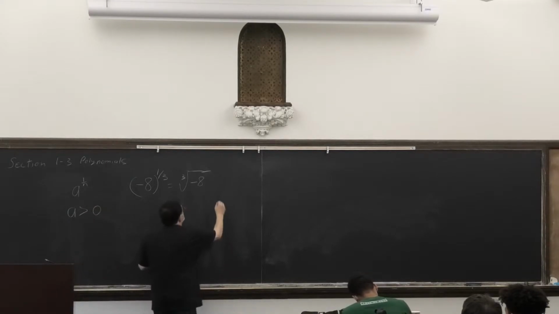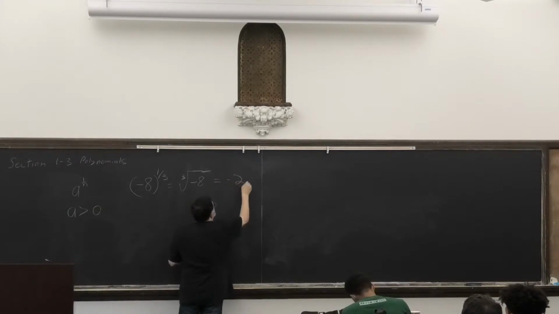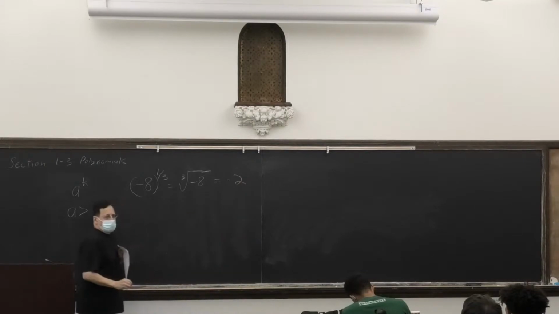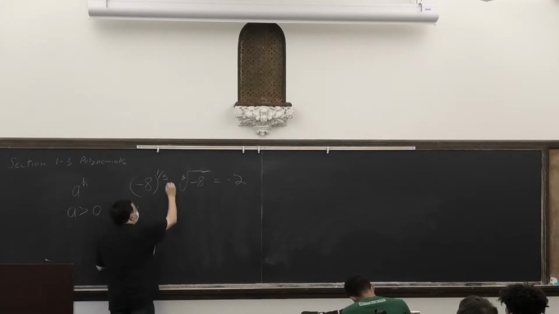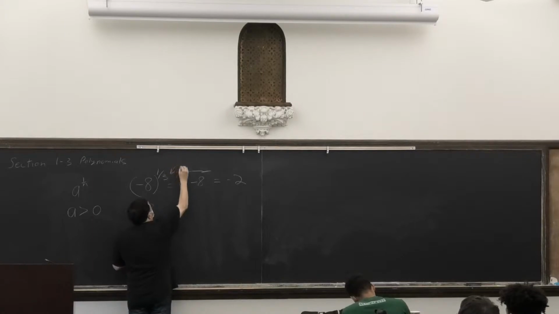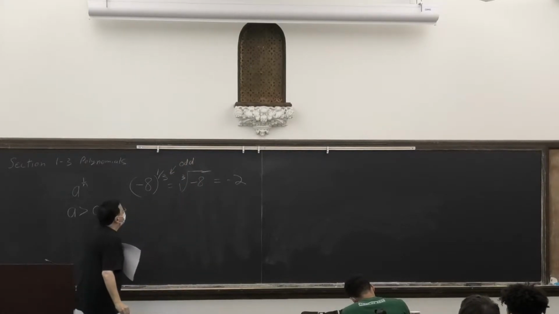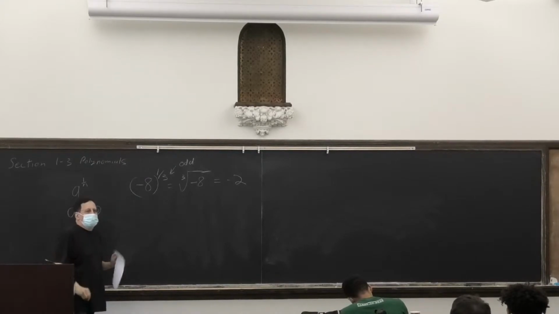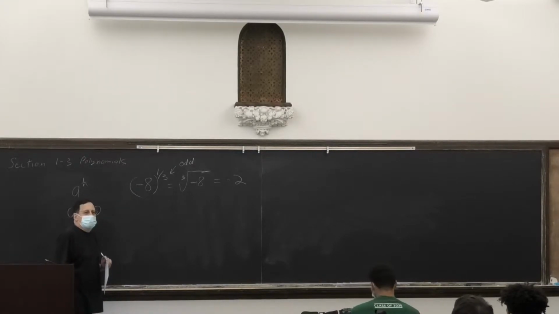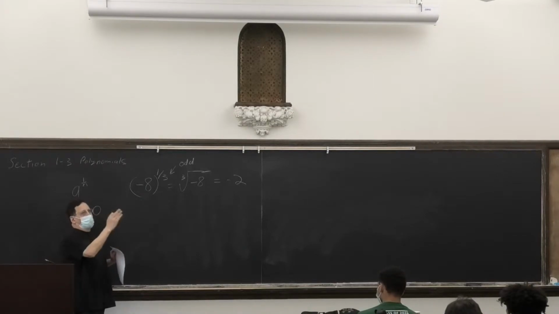Yeah, it's -2. The key piece of wisdom here is when this is odd, no problem with negatives, right? An odd root, well, it's going to have a negative, and that's going to end up negative.